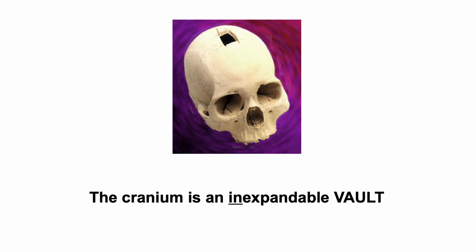So now when we talk about intracranial regulation, the amount of blood in our system and the amount of pressure there still comes into play in terms of how that pressure and fluid is regulated. But what's the difference between our skulls and the container of our systemic pressure, or maybe our arms and our legs, for instance? Well, our cranium, our skull, is an inexpandable vault.